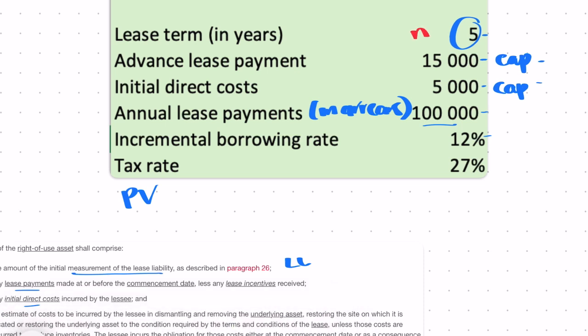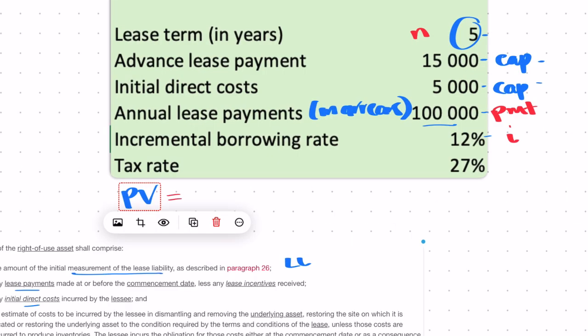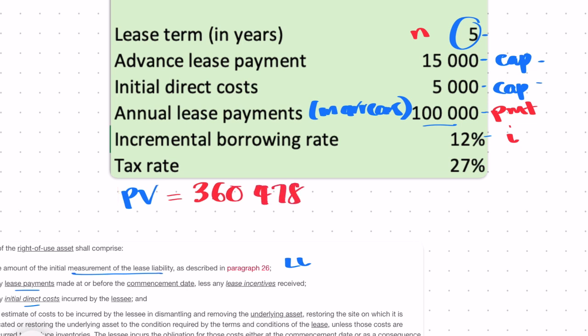So this would be N, this would be your payment, and this would be your interest rate, and then you will get to a present value of, oopsie, what just happened? Something just disappeared on my screen, sorry. So the present value there is 360,478. Okay, so that is the present value of the lease liability.